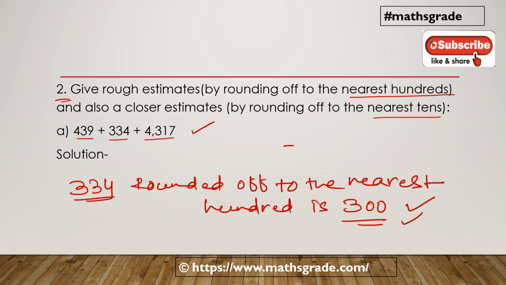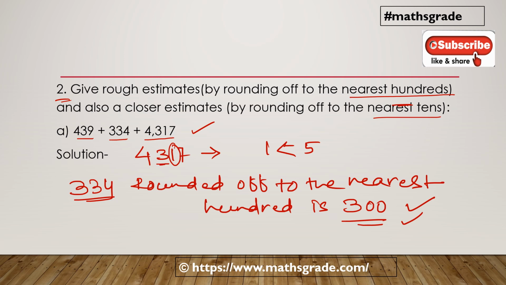Now 4317 rounded off to the nearest hundred. In 4317, the tens place digit is 1. 1 is less than 5. So just write down 3, hundred place digit 3 as it is. Don't add 1 to the hundred place digit.